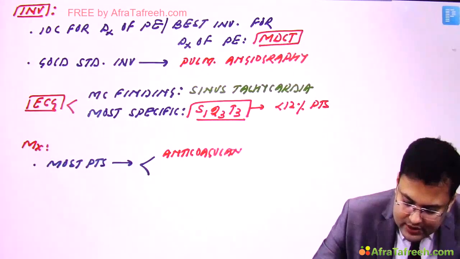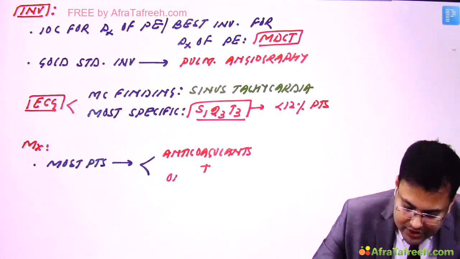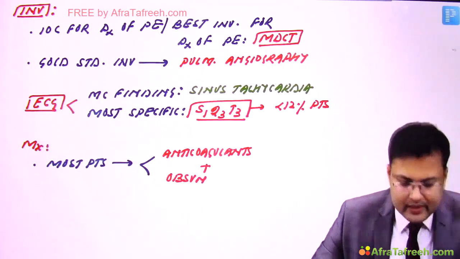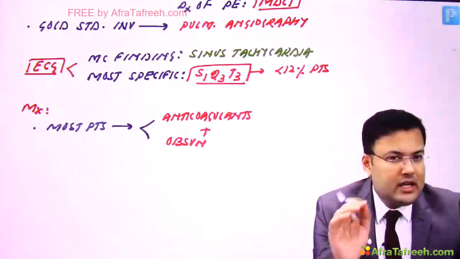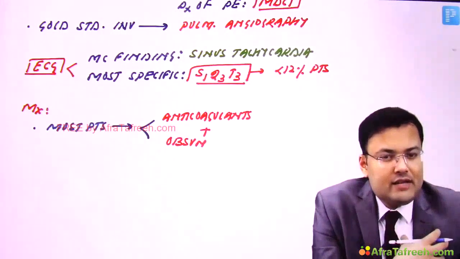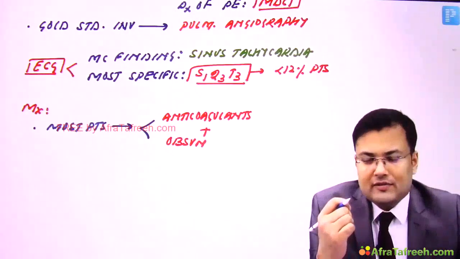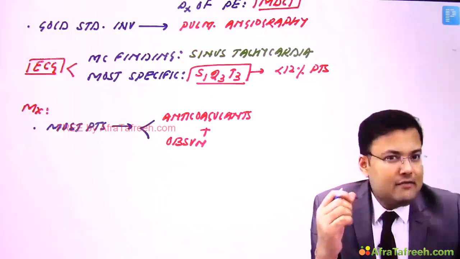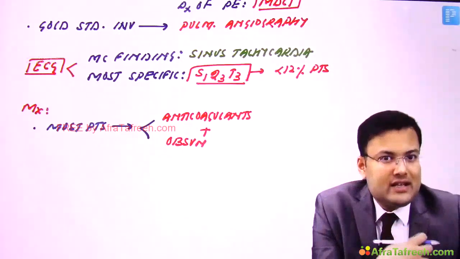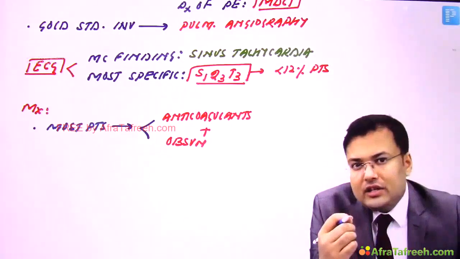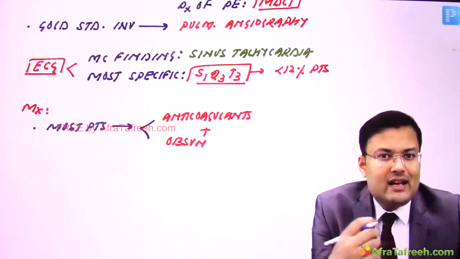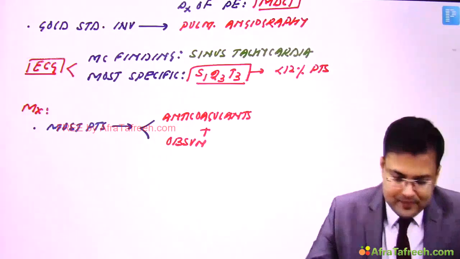Now the second situation: sometimes patients have severe right heart strain and shortness of breath. In these cases we have to go for fibrinolytic treatment and radiological investigation guided catheter embolectomy.